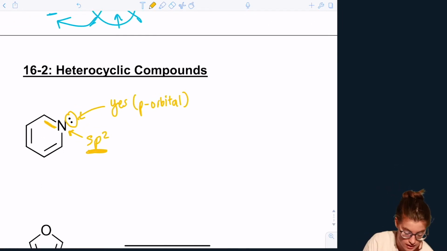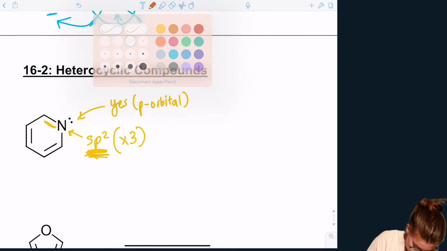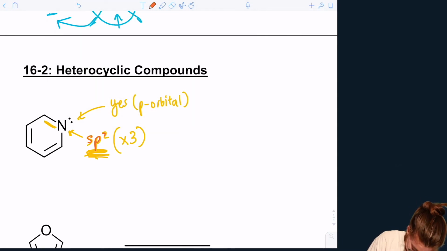Remember, when we have an atom that is sp2 hybridized, it has 3 sp2 orbitals. If I'm going to color code this, my sp2 orbitals will be orange.